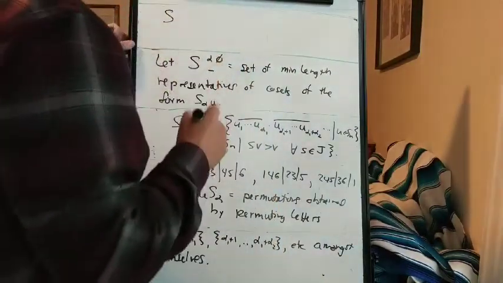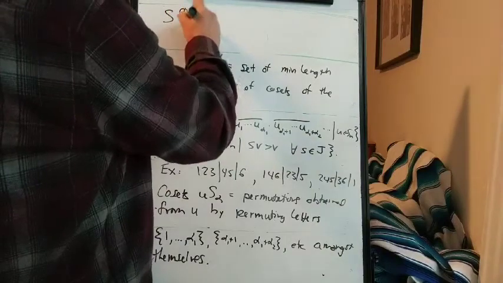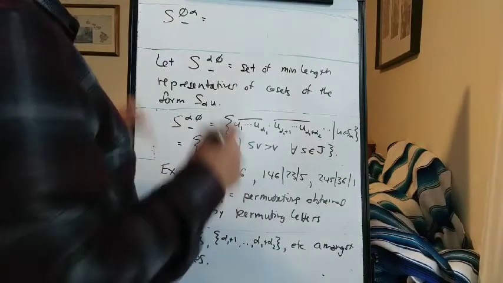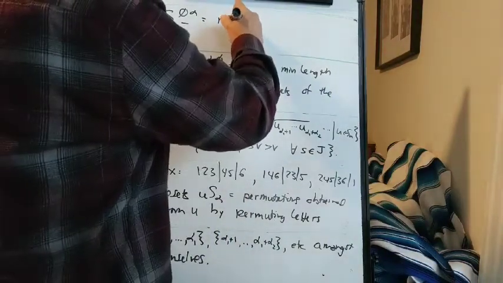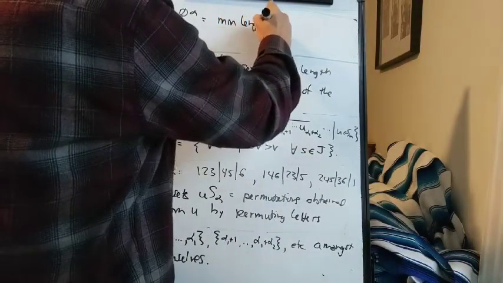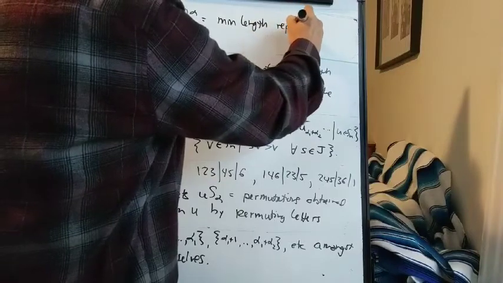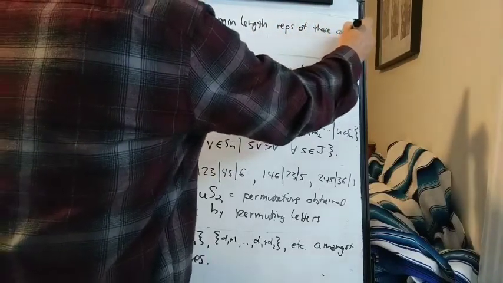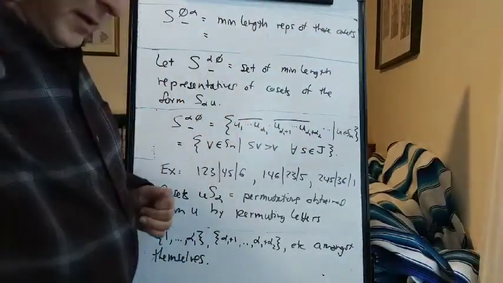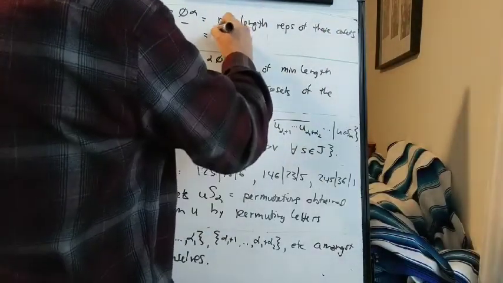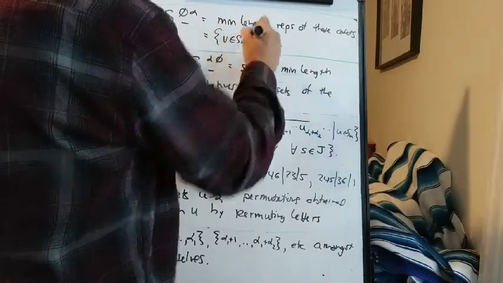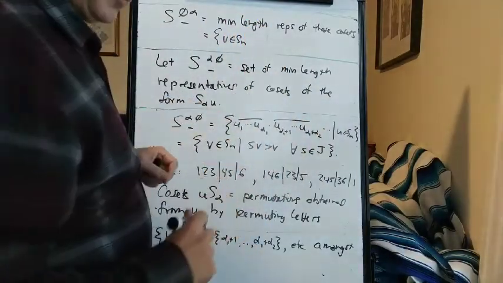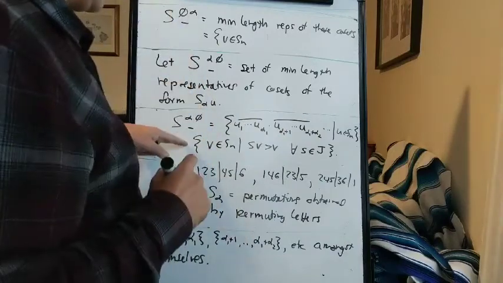Now let S^{∅,α}_- be the minimum length representatives of these cosets. It's a little hard to write an expression analogous to this one, but we can write one analogous to this.